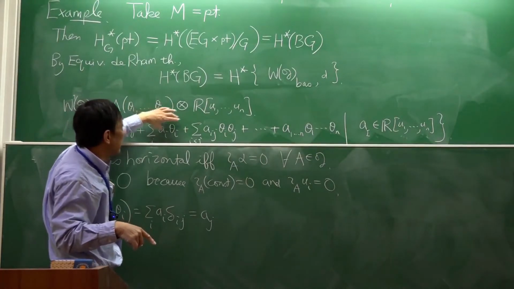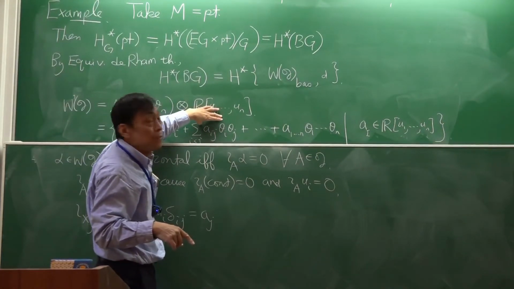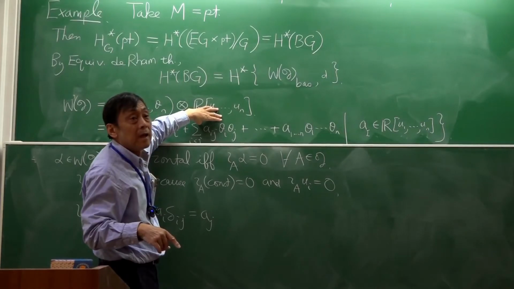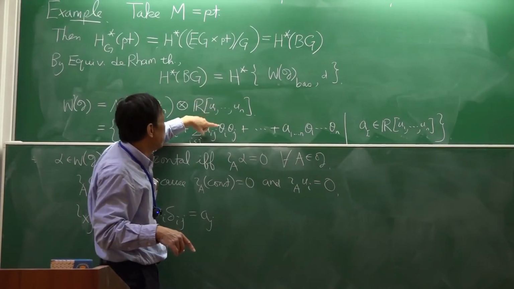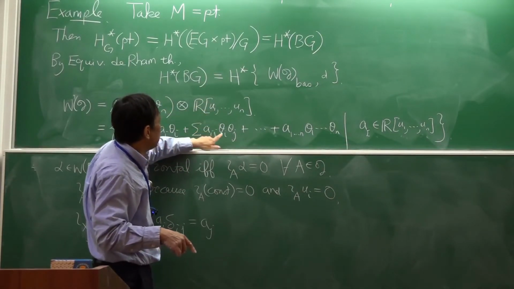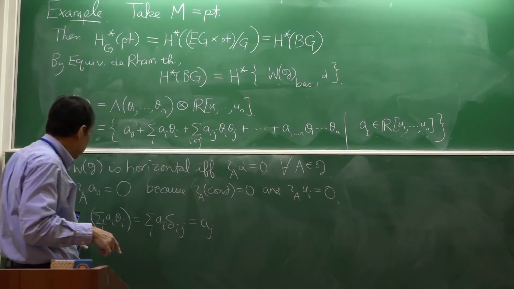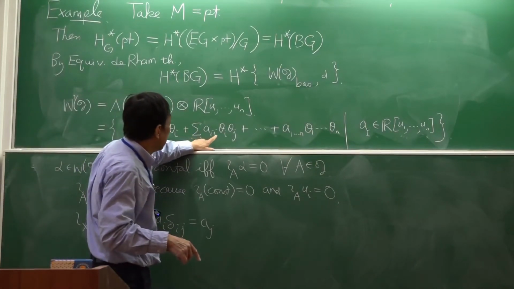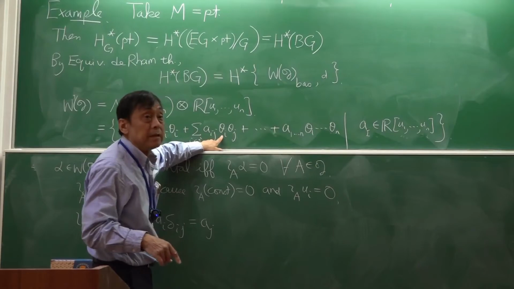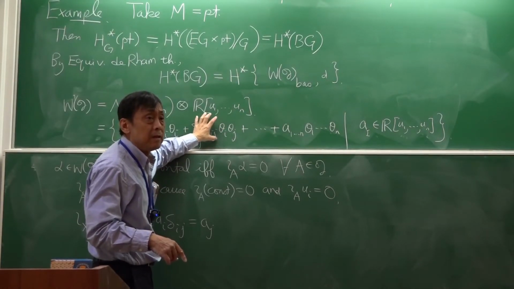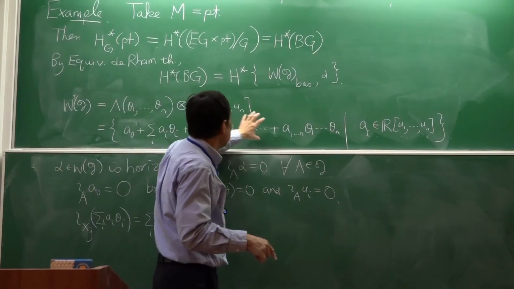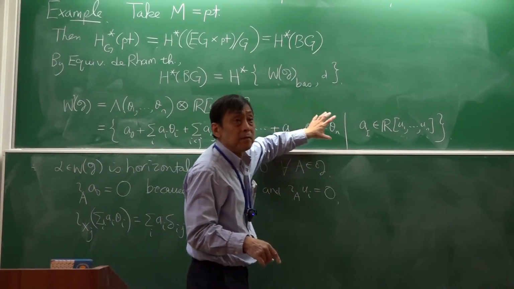So you'll be left with one theta in each term, and then 2 theta, then 3 theta, and so on.